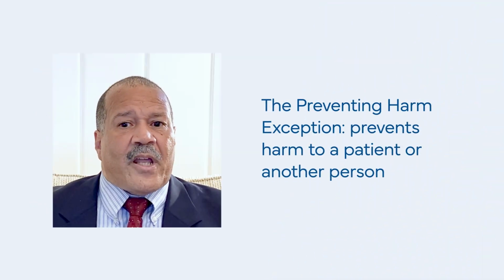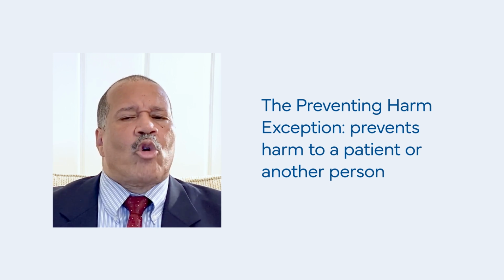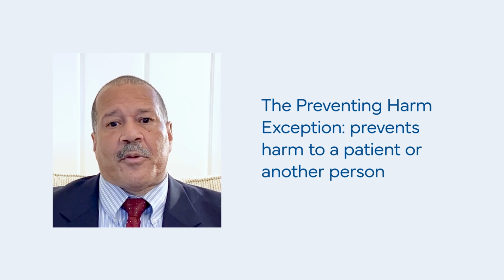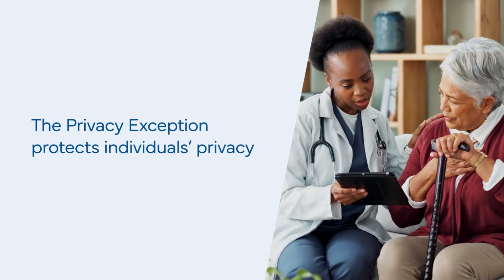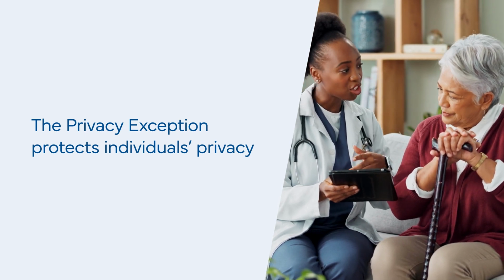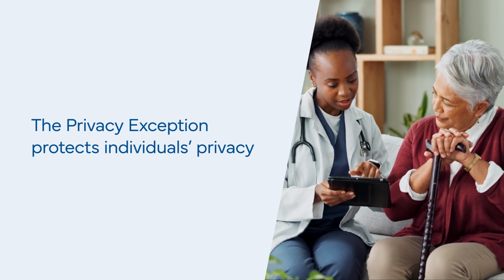First, the preventing harm exception allows actors to take actions that are reasonable and necessary to prevent harm to a patient or another person. The privacy exception allows actors to not fulfill a request to access, exchange, or use EHI if they do so to protect an individual's privacy.